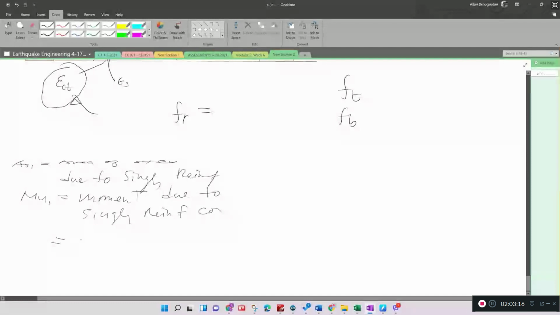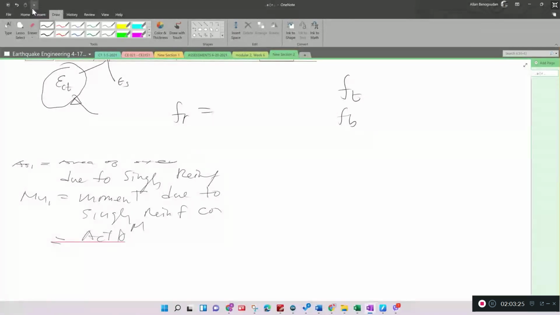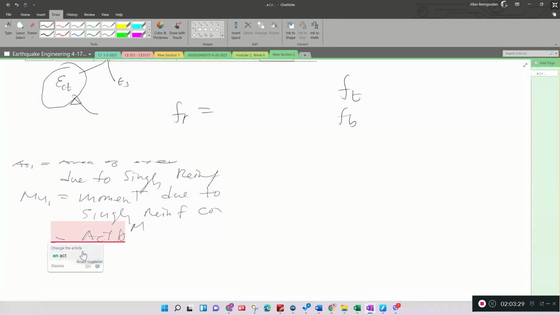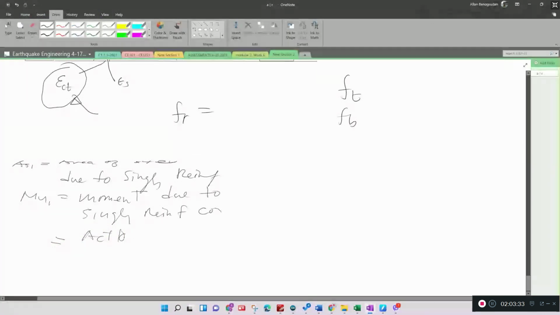Then that is equal to, ano bang equal nito? That is equal to actual Mu. Okay, so Mu2. So dapat ma-understand din itong mga to. Mu2 is equal to Mu minus Mu1.